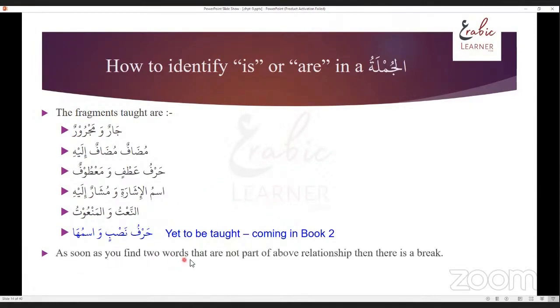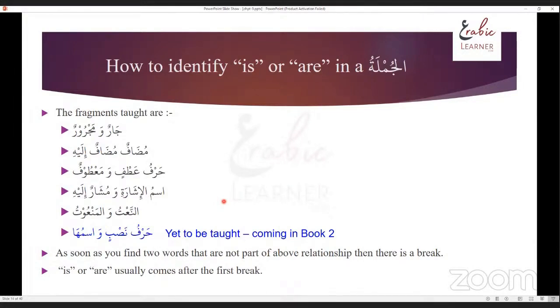As soon as you find two words in a sentence that are not part of these relationships, there is a break. The first occurrence of this break in the sentence is where you will put is or are. I mentioned this when I was explaining this slide to you in the beginning: Hadha kitabun.